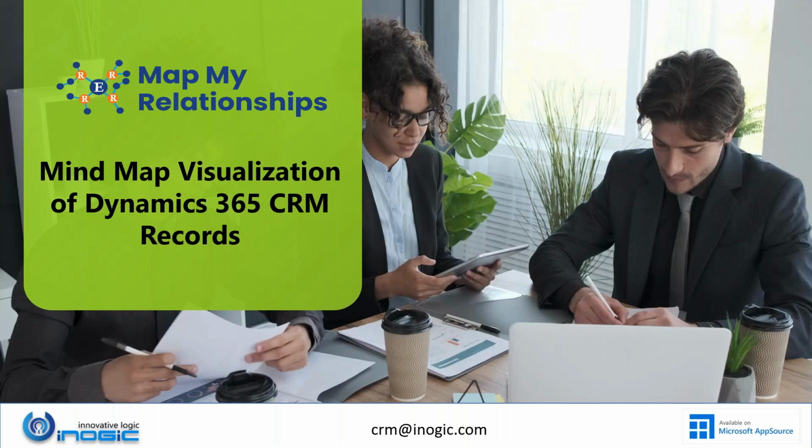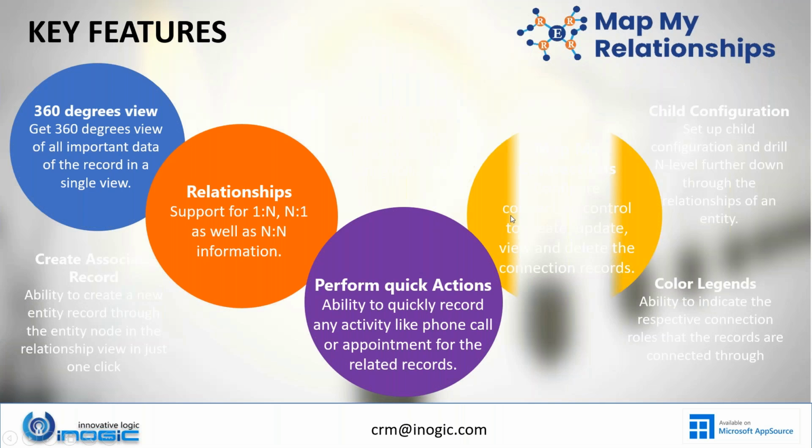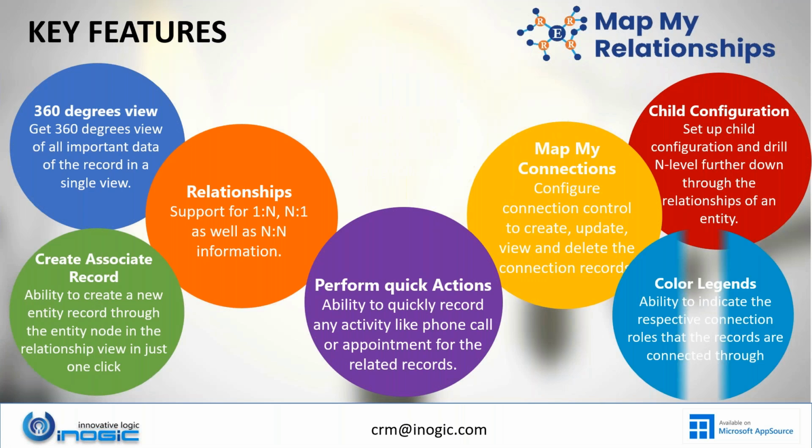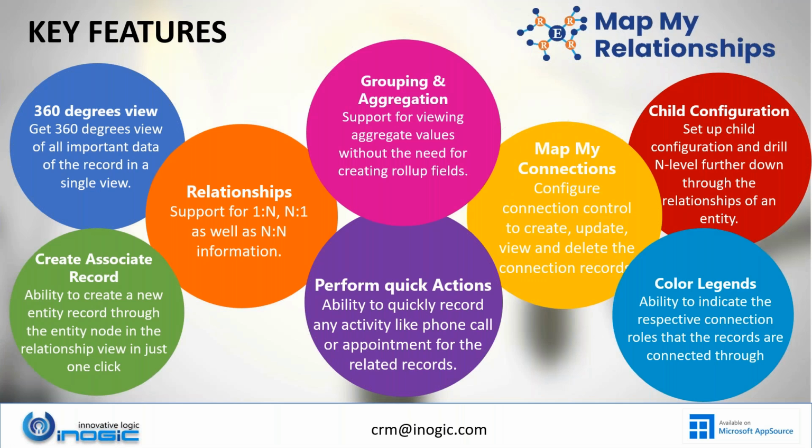Well, let's see. Some of the key features of Map My Relationships include complete 360-degree views of all the important data of the record in a single view. That's right. It can give you the entire 360 degrees of view of the important data.